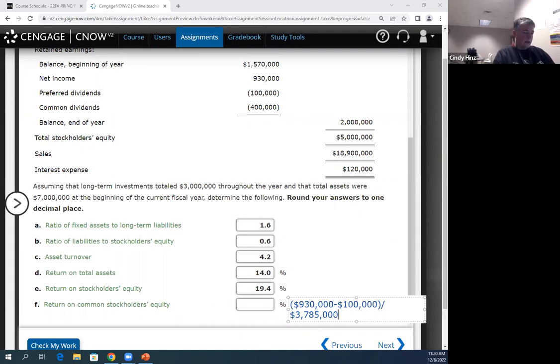So 830,000 divided by 3,785,000 gives us a return on common stockholders' equity of, rounding to one decimal place, 21.9%.